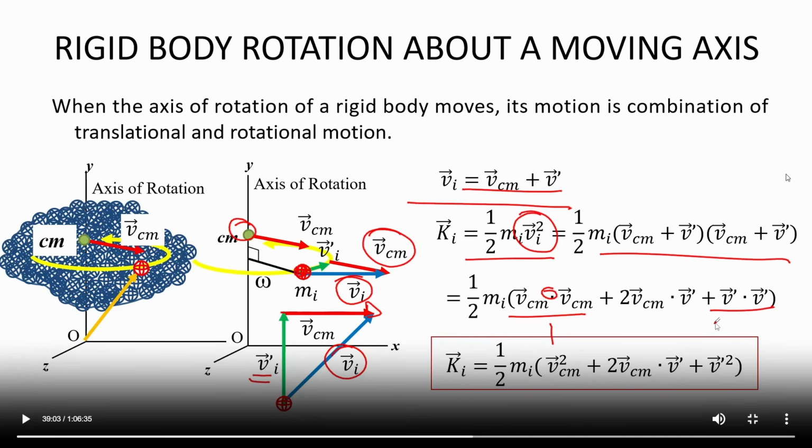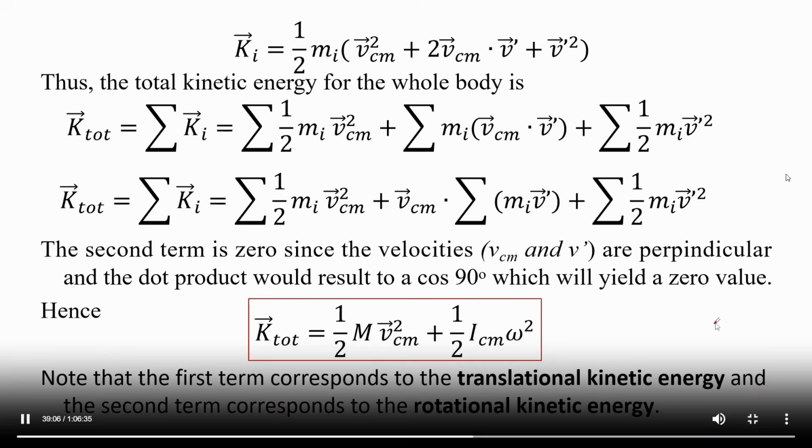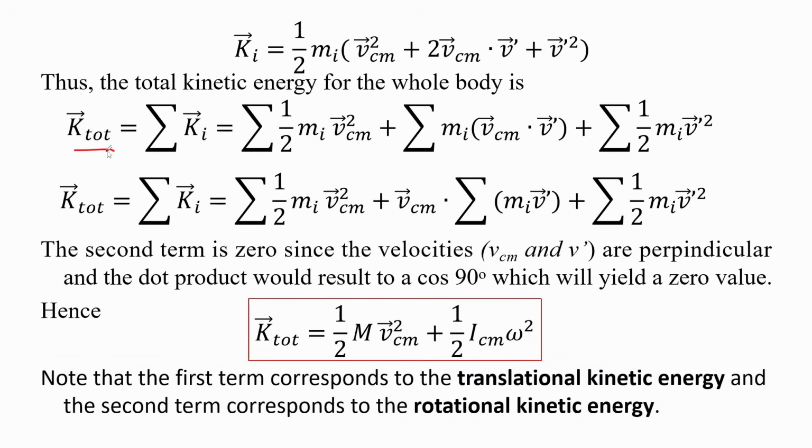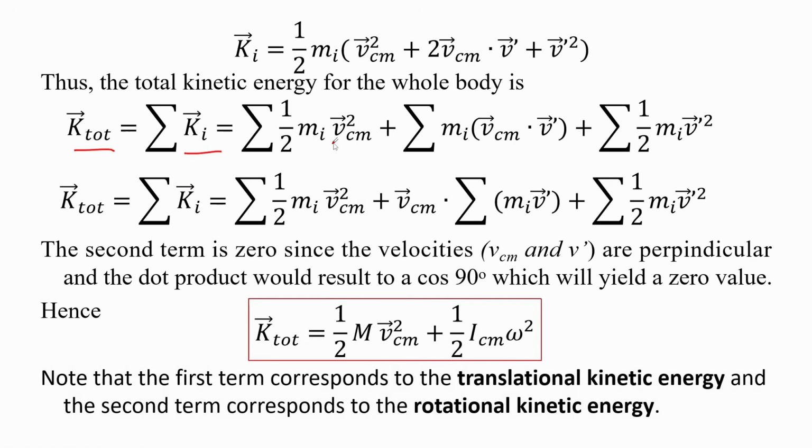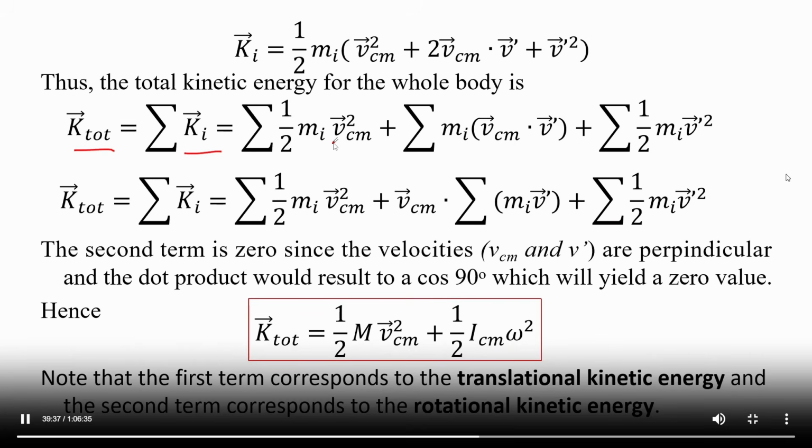Let's go. So the total kinetic energy for the whole body, K total, is the sum of the KI's: 1/2 mi VCM squared plus mi VCM dot V prime plus 1/2 mi V prime squared. Take note that this is a dot product, so it is a cosine function.